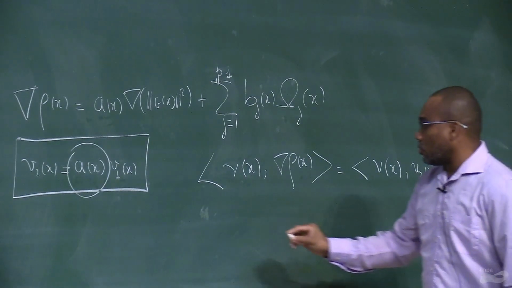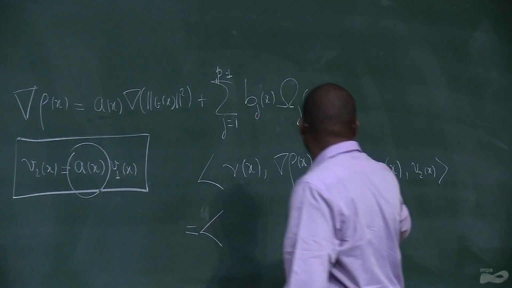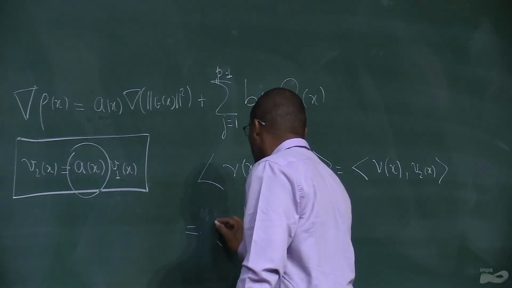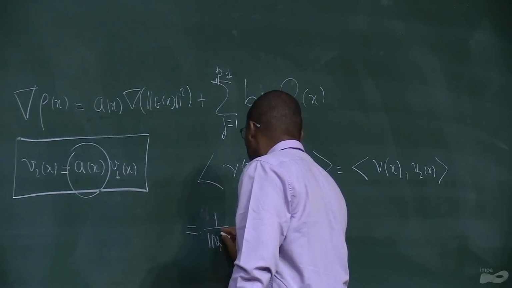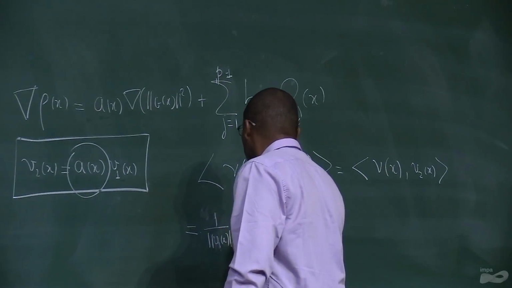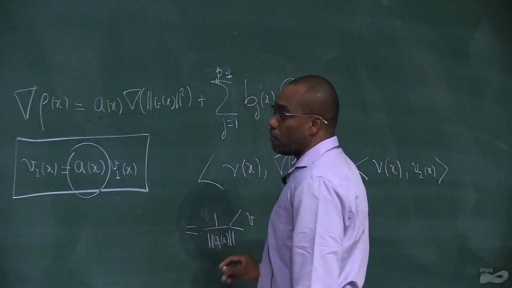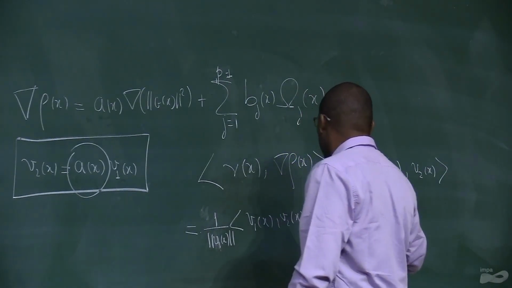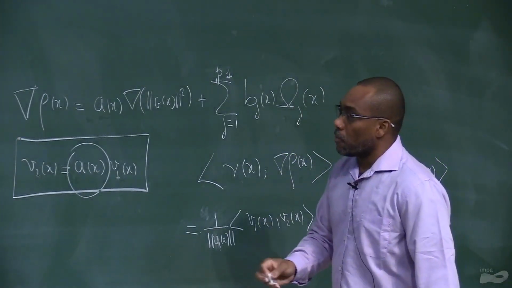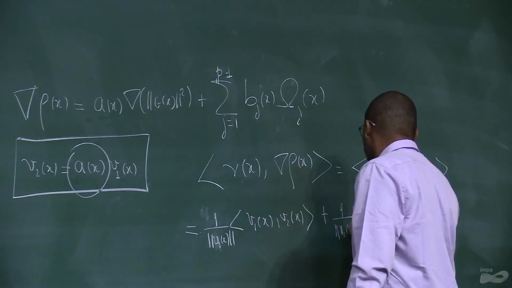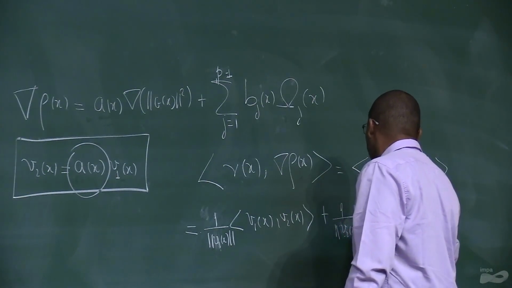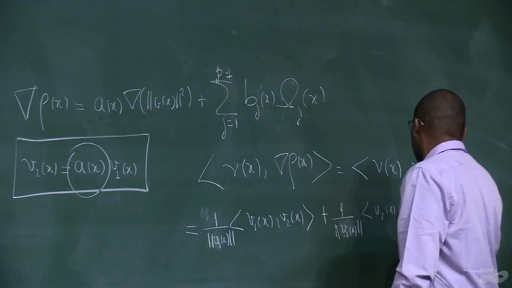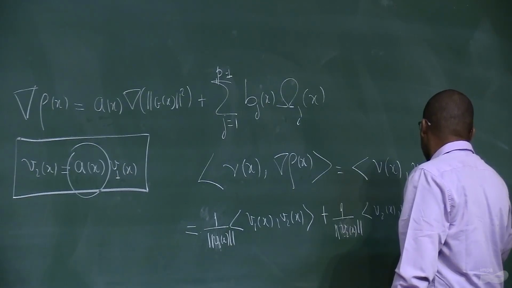Okay, but now this is such a combination. So you get 1 over absolute value of V1x, V1x, V2x plus 1 over absolute value of V2x, V2x, V2x.